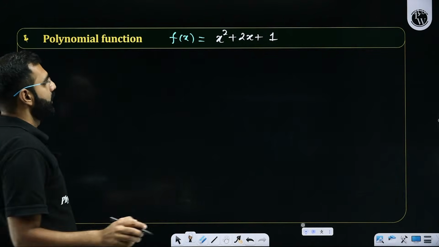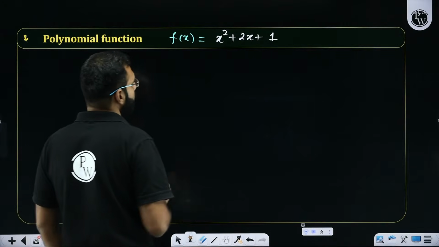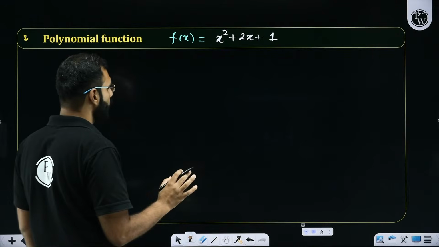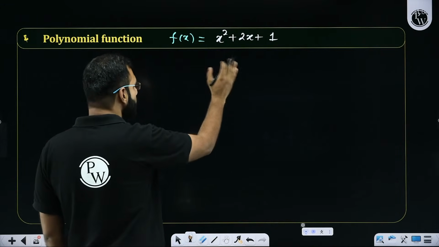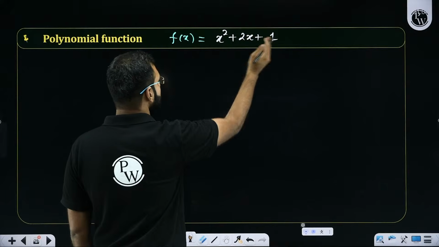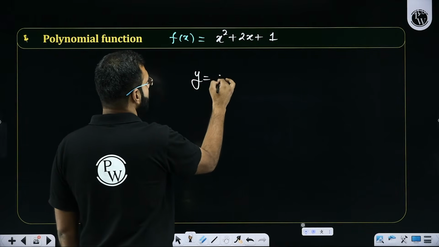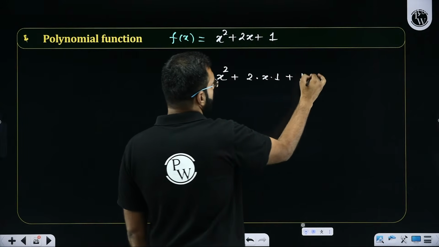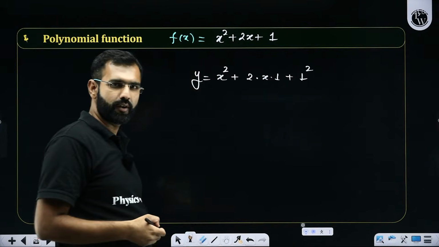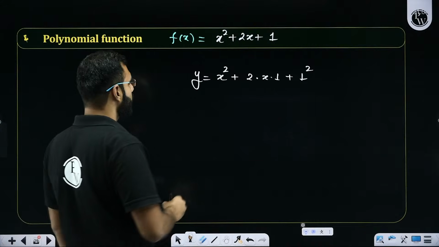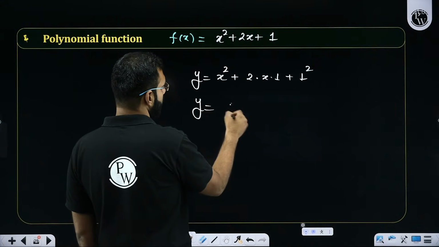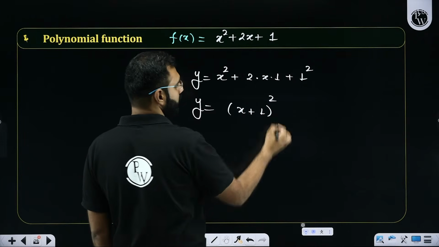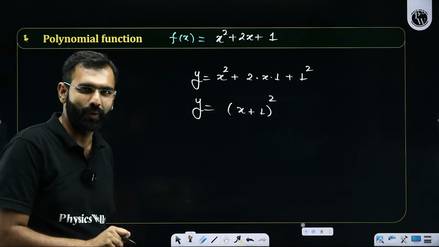Now, when you wish to draw this polynomial, you can draw its graph, but still, let's say if you don't know a lot of things about it, can you not write x squared plus 2x plus 1 as, for a while, y is equal to x squared plus 2 into x into 1 plus 1 squared? Can you treat it like this for a while? And if you could convert it into a perfect square, it will look like a squared plus b squared plus 2ab. So it looks like a plus b whole squared. Yes or no? Everybody getting it?